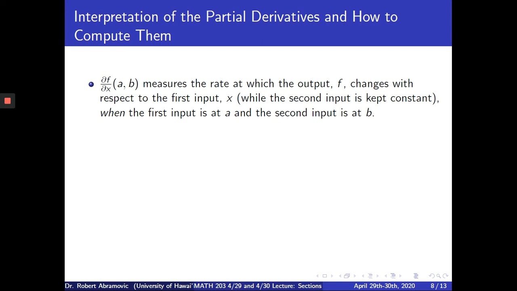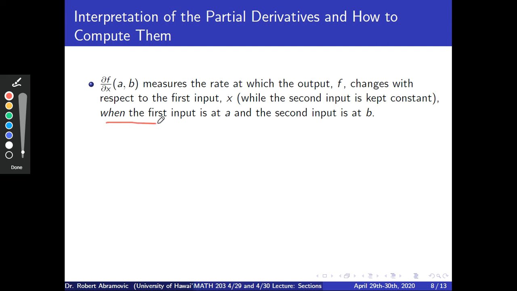What this means is that the partial derivative of f with respect to x at a b, notice the notation here, you write partial, it looks like a backwards e instead of the d, measures the rate at which the output changes with respect to the first input, while the second input is kept constant, when the first input is at a and the second input is at b.